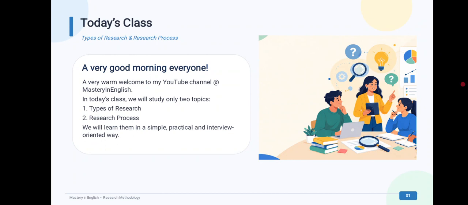Whenever a company wants to improve its product, increase sales in the market, understand the needs and wants and the preferences of the customer, or solve any business problems, in that case they basically use research. So today our aim is to understand these topics in a very easy, practical and interesting way with real life examples.